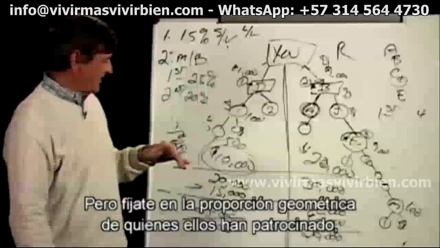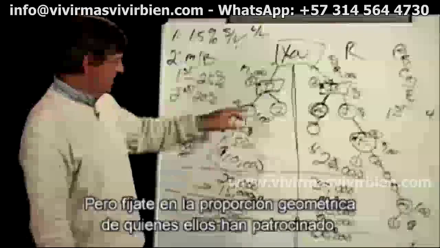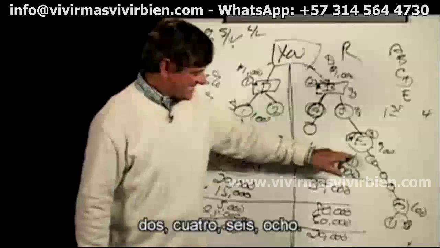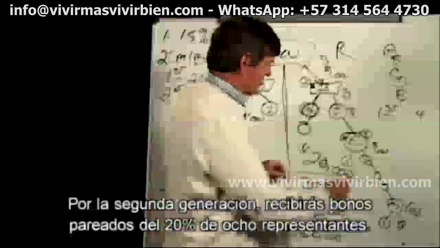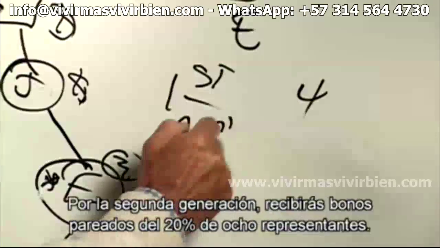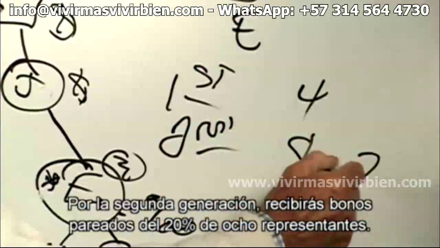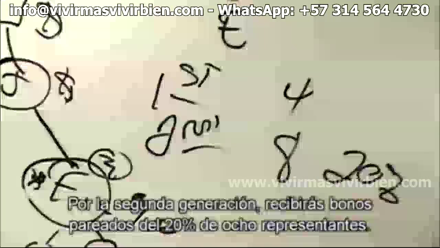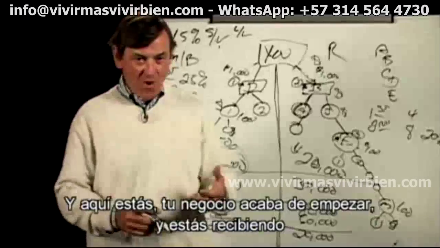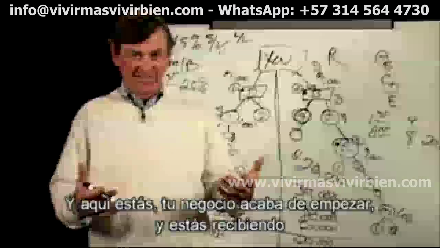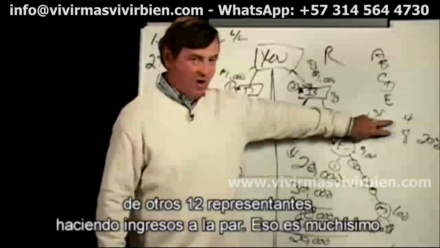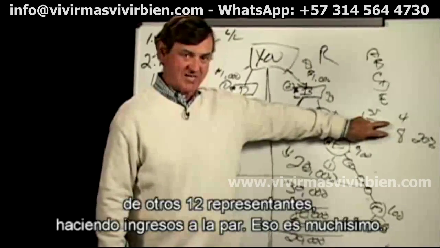But look at the geometric kicker on who they sponsored, 2, 4, 6, 8. So second generation, you're going to get matching bonuses of 20% on 8 reps. So here you are just getting a business started, and you're leveraged out to 12 other reps matching their checks.